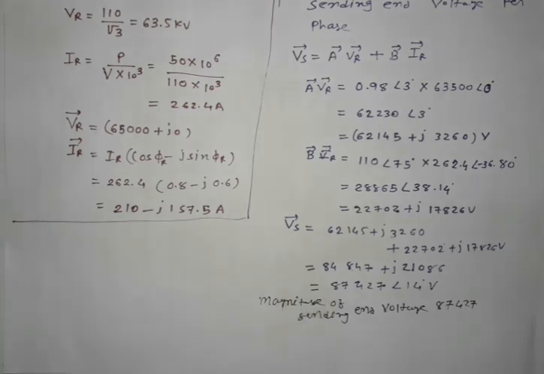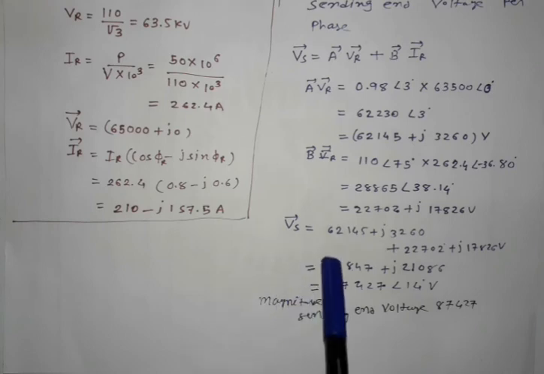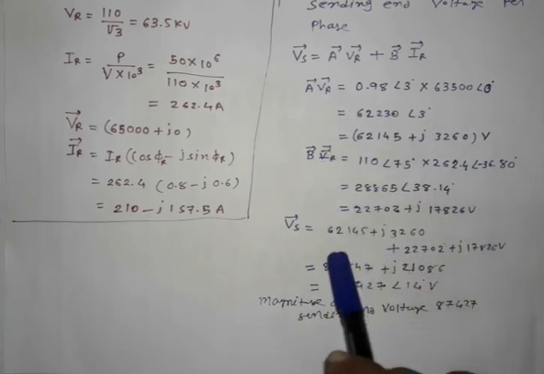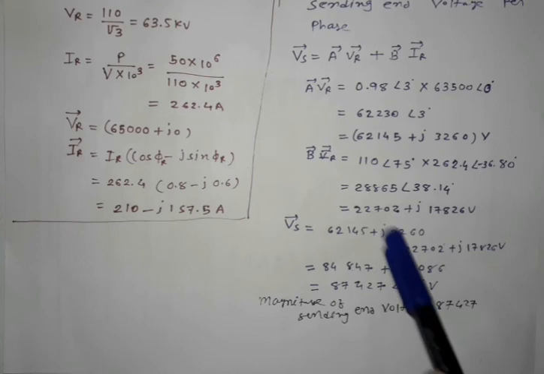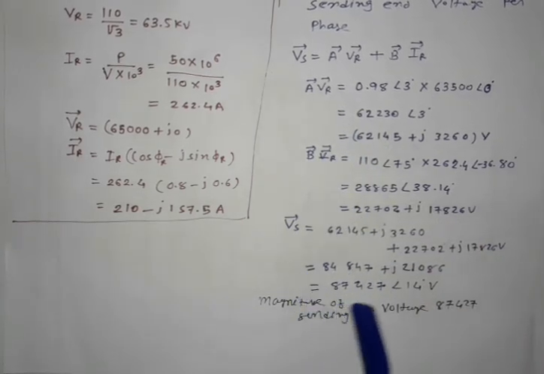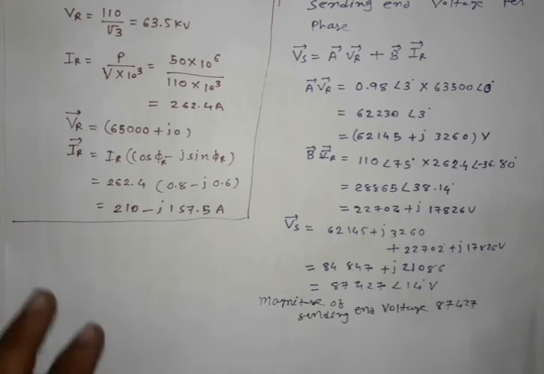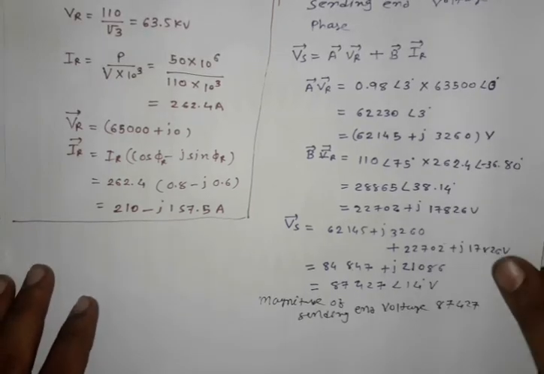Now Vs is equal to A VR plus B IR. We take the sum, and we get Vs equal to 87,427 with angle 14. The magnitude of the sending end voltage is 87,427 volt.